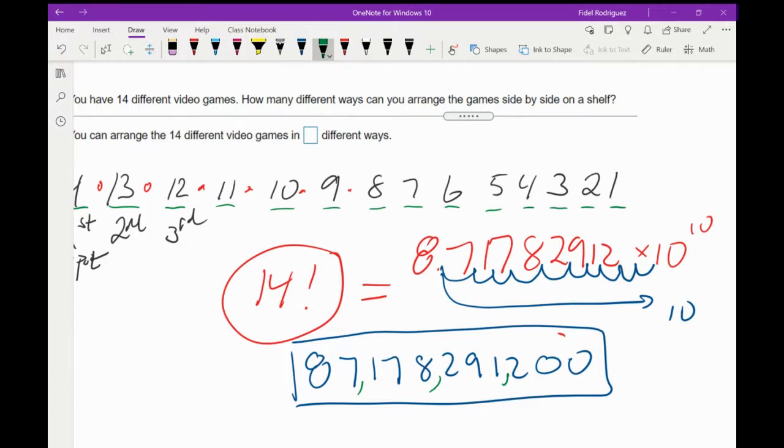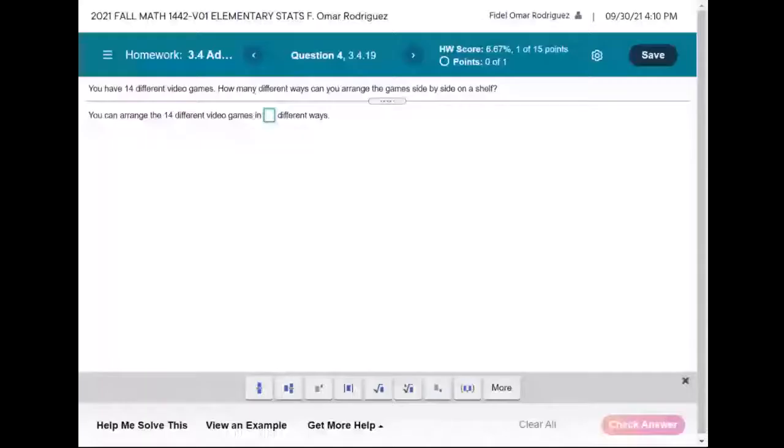So again, let me show you how I'm going to enter this in on my lab. So let me come back here one more time. Okay, so I think we can see that now.